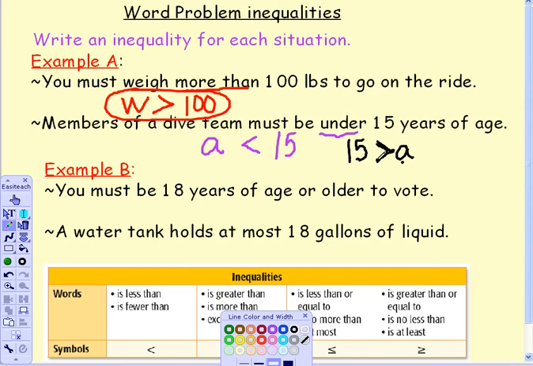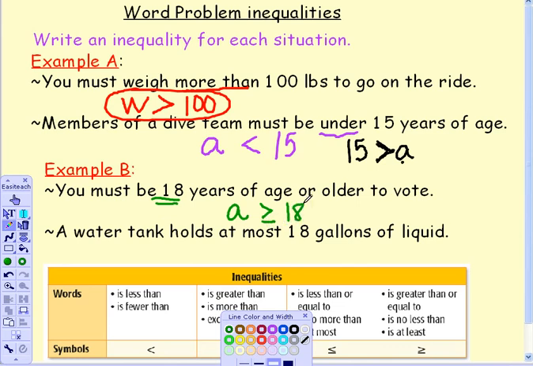Example B, you must be 18 years of age or older to vote. This is one of those examples where you can also be 18 and still vote. So we're talking about age again, so I'm going to use the variable A. So your age in order to vote, according to this problem and real life, has to be greater than or equal to 18.